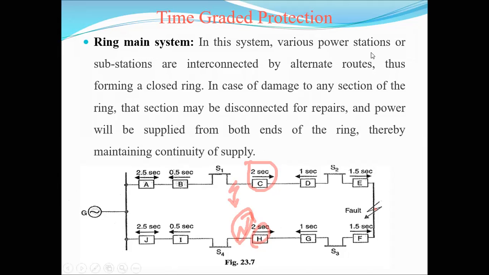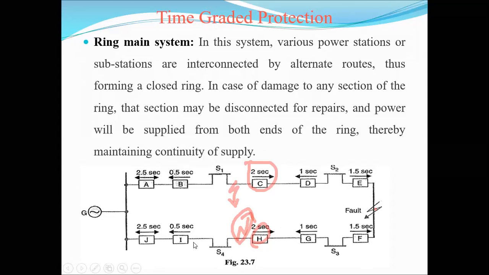In this system, various power stations or substations are interconnected by alternate routes. Suppose we take the S1 substation. What is the current direction? That is generating station to A relay coil, B relay coil, and then S1. What is the second direction?